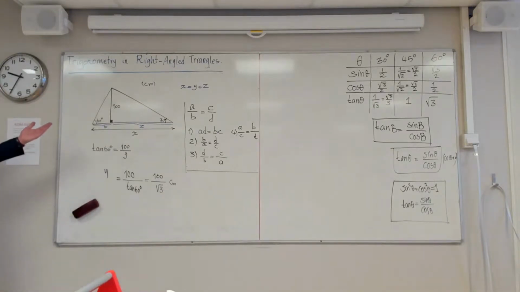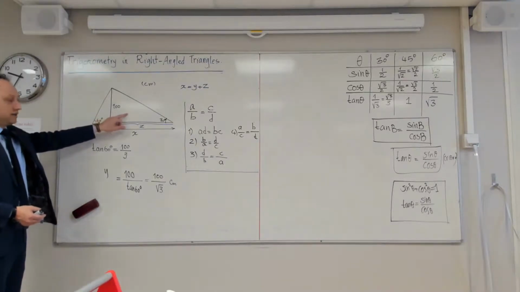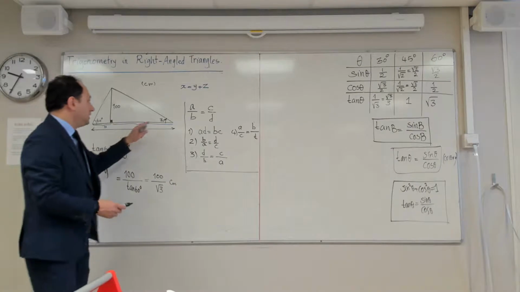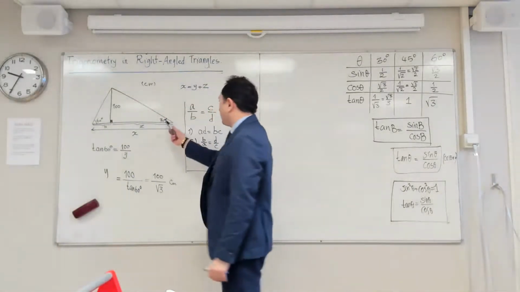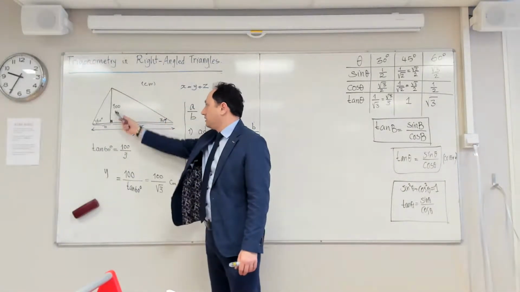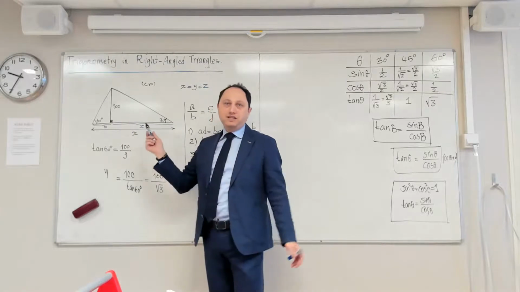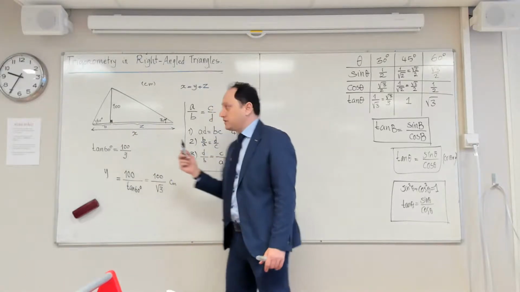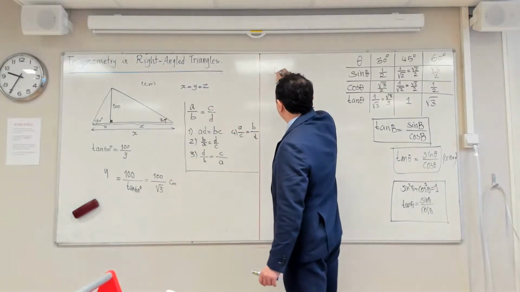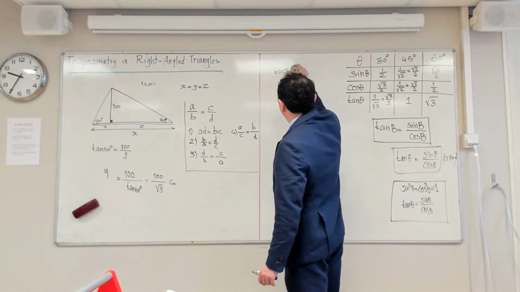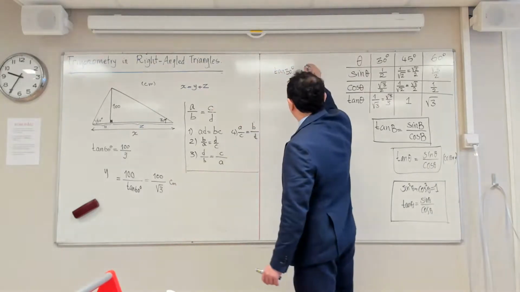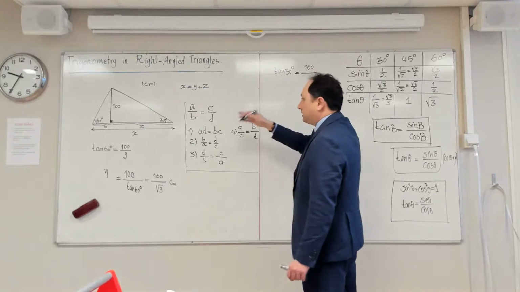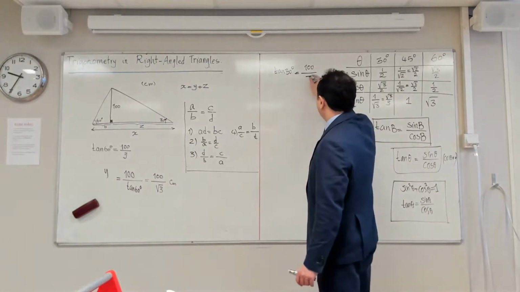And now hopefully you understand that I can use the same trick to find z, yes, but in the adjacent right angle triangle. So what can I do? And the same story. 30, it is opposite, it is adjacent, so it means that again tangent is useful in this problem. So I would write tangent of 30 is equal to the opposite side, which is 100, divided by the adjacent side, which is z.